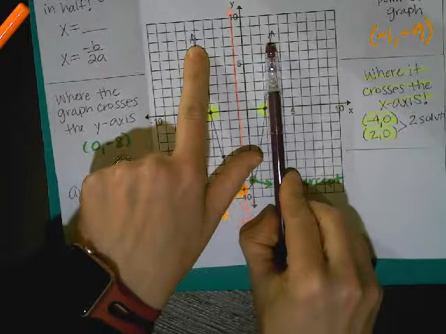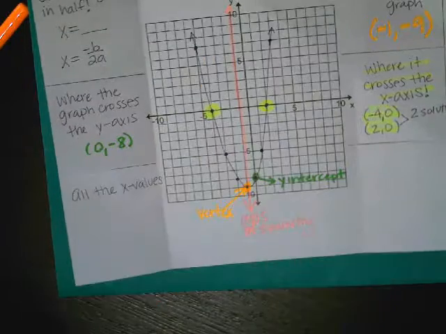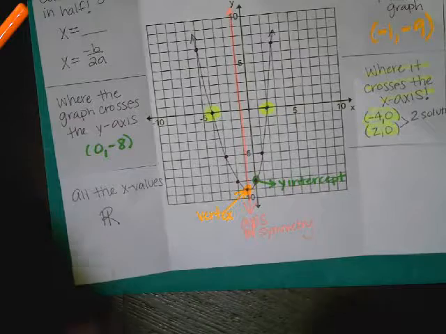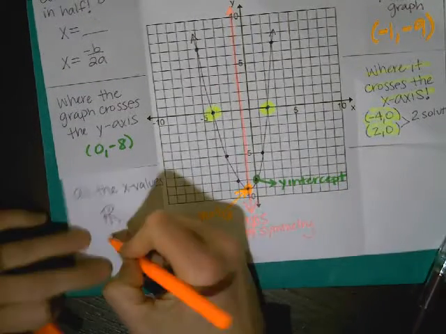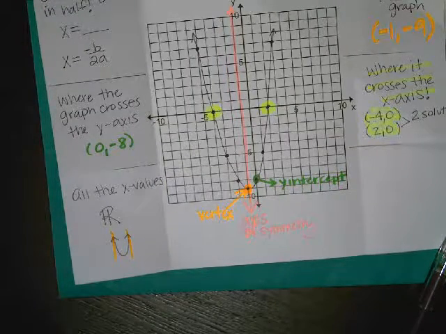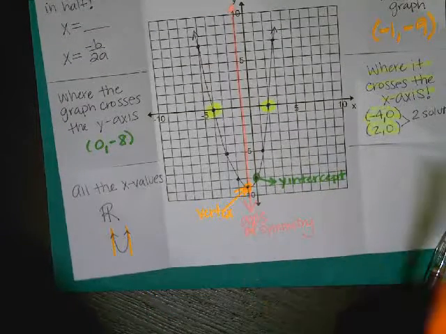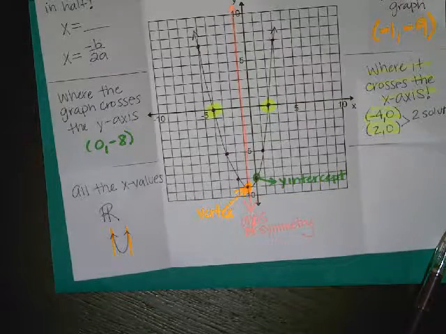On the right side, it touches an arrow. So what do we call it if it touches 2 arrows? We call it all real numbers. Okay, and that's because if I drew my boundaries on the left and the right, both are touching arrows. Okay, for quadratics, it's always going to have a domain of all real numbers because it always has 2 arrows going in both directions.